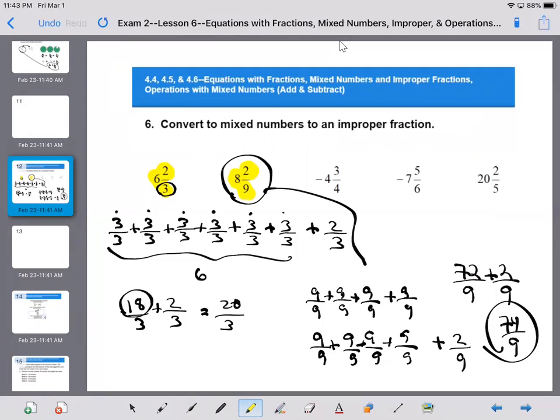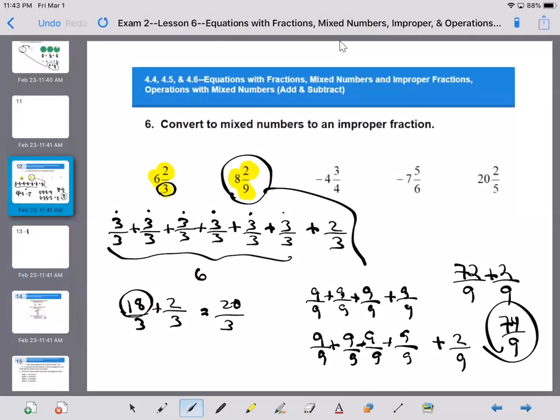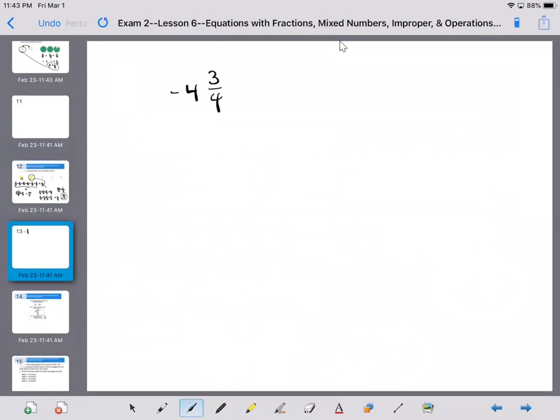Negative 4 3/4. And we want to change that. Well, we know the answer is going to be negative. So 4 groups of 4/4 would be 16/4 plus 3 more. So 16/4 plus 3 more fourths would be 19/4.